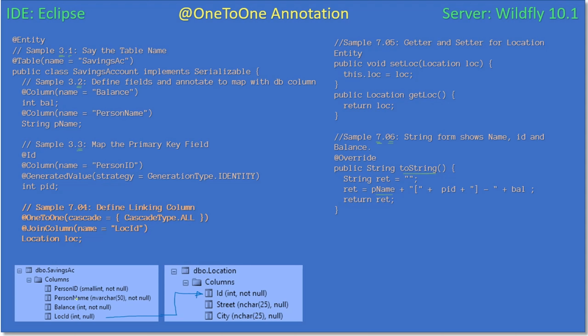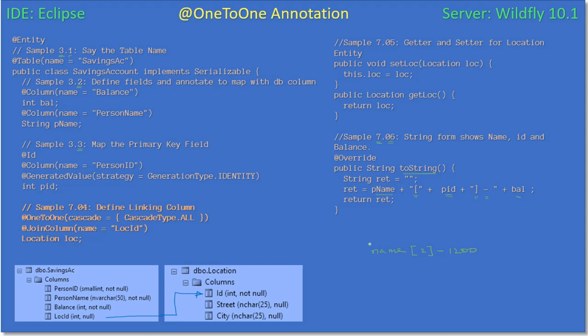Pname means the person name in the database, or pname field here in the entity, and then we provide a square bracket. Inside that we specify the PID, then we are closing it, then there is a hyphen. After that we specify the balance. So for example, if pname is name, the output will be name, then PID set to hyphen balance.